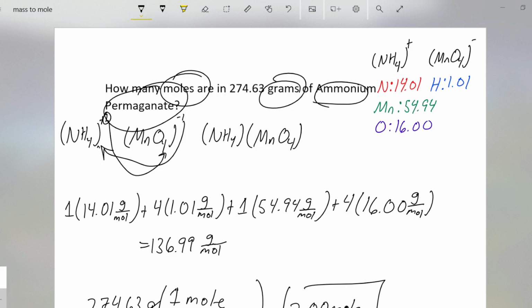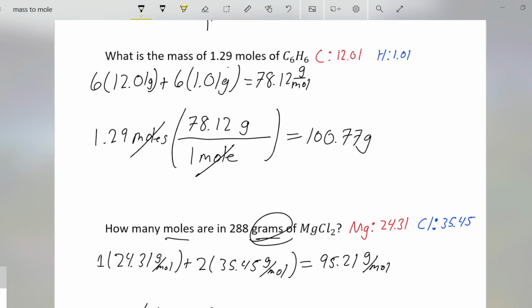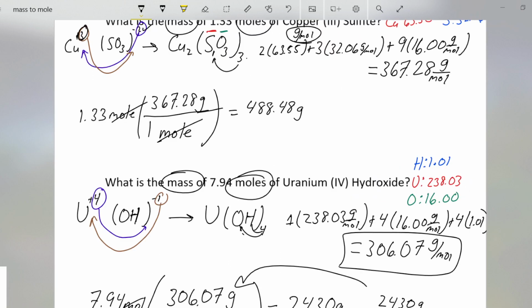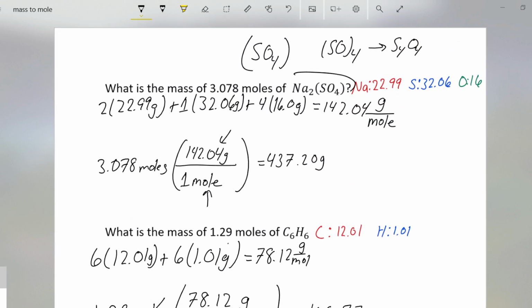So in these problems that you'll see on the summative, they will come in 2 flavors. One, they will give you something like the formula, Na2SO4, and in the other form, you will get just the name with words, like uranium 4 hydroxide. If you get the formula, say Na2SO4, you will be able to use that to go right away to grams per mole by figuring out the number of each atom and multiplying that number of atoms by its molar mass.